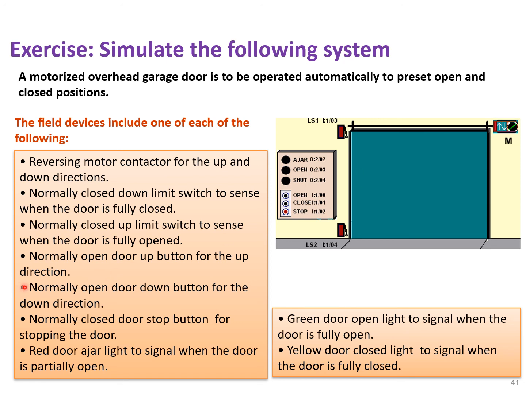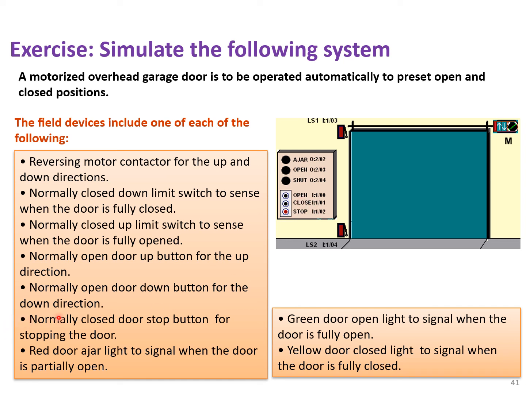We have a normally open door down button for the down direction, which is this close push button here. Okay, you see basically they have the I symbol at the beginning. It means that they are inputs. Yes, these limit switches are inputs. The motor is an output. These push buttons are inputs.